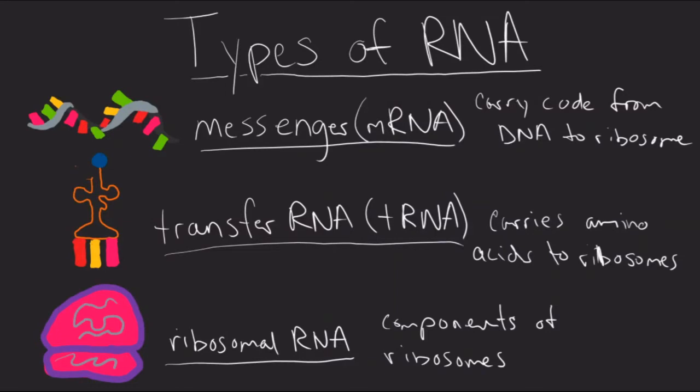We have tRNA, which is going to be carrying the amino acids that we need to build the polypeptide. And then we also have ribosomal RNA that's going to come into play because it is components of the ribosome that is going to actually put the polypeptide together. And so we're just going to jump right in.